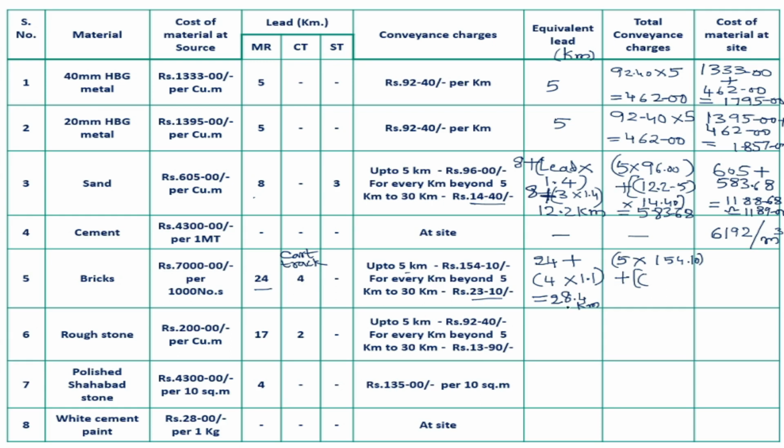So beyond 5 kilometers, the total equivalent lead is 28.4 minus 5, into 23 rupees 10 paisa.